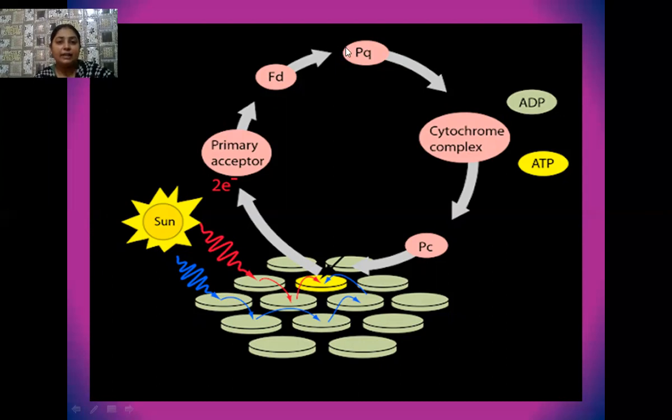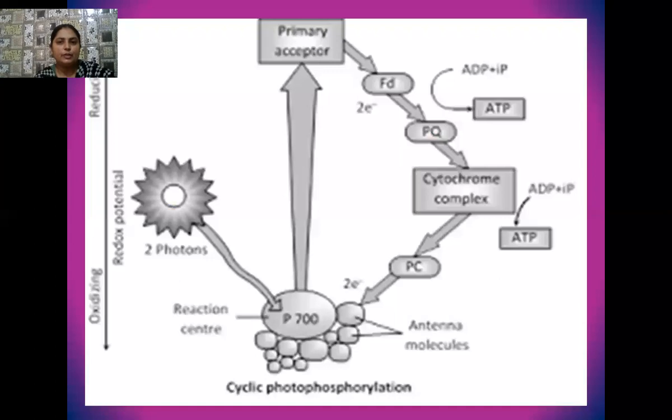After losing their energy at each step, when the electron has lost almost all of its energy, it reaches photosystem P700. So the electron starts its journey from P700 and again ends its journey at P700. During the whole course of its journey, one ATP molecule is formed from ADP and inorganic phosphate. That's why this type of photophosphorylation is known as cyclic photophosphorylation.